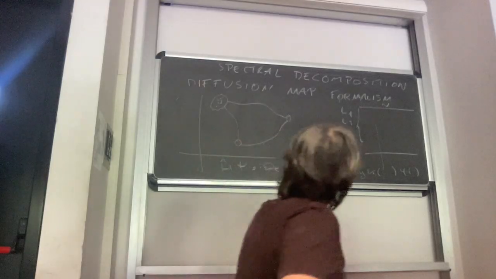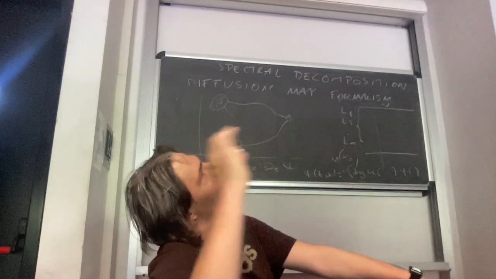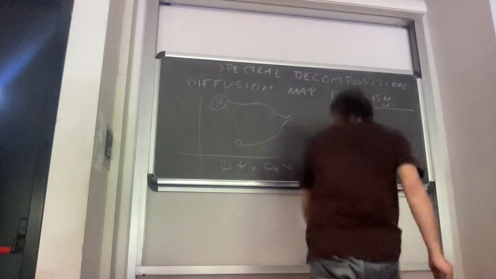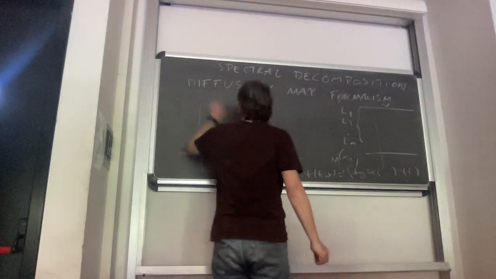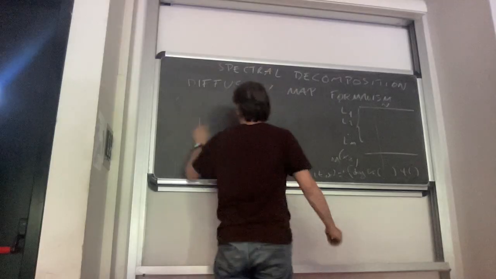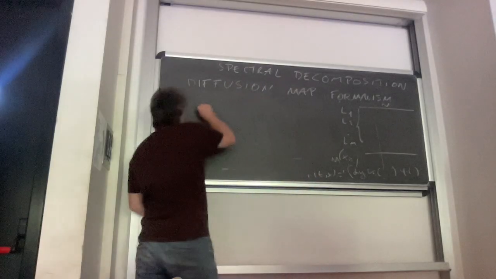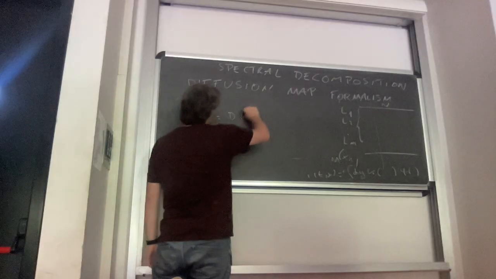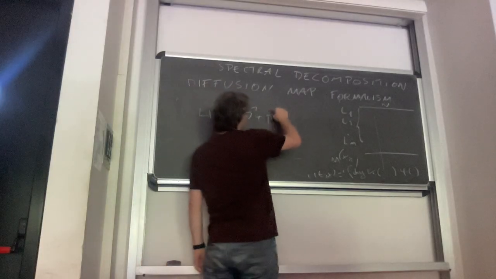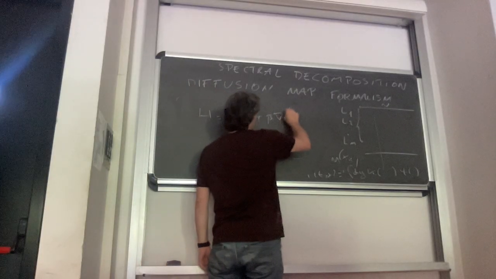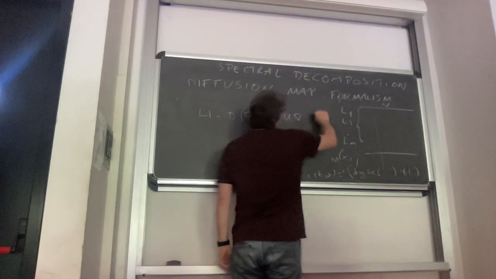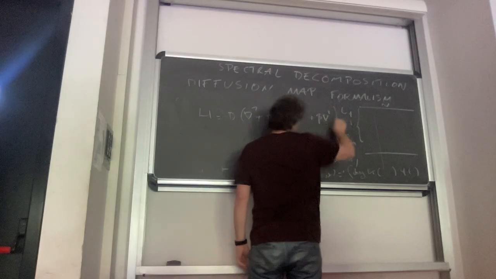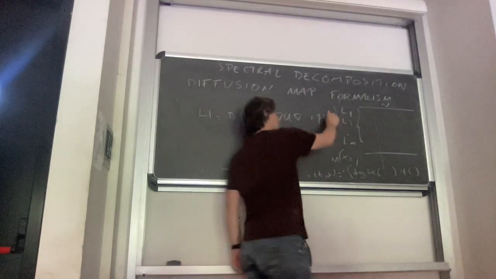See, if I write the Fokker-Planck equation, let me write to you the Fokker-Planck operator. Fokker-Planck operator is D, squared plus b grad u grad plus beta Laplacian of u.